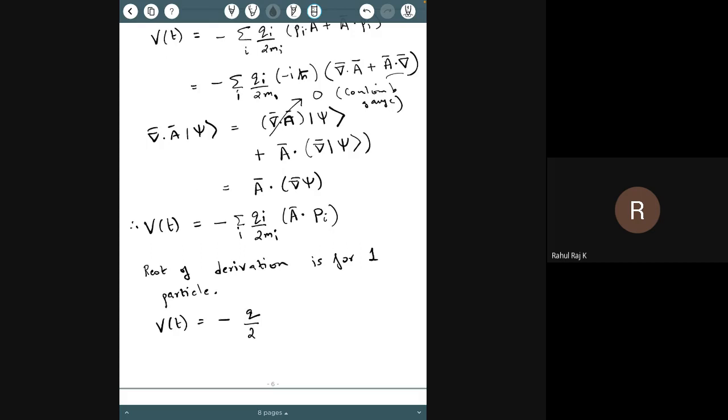So we simplified just this term. So the 2 will go away. That is right. E dot B. Okay.